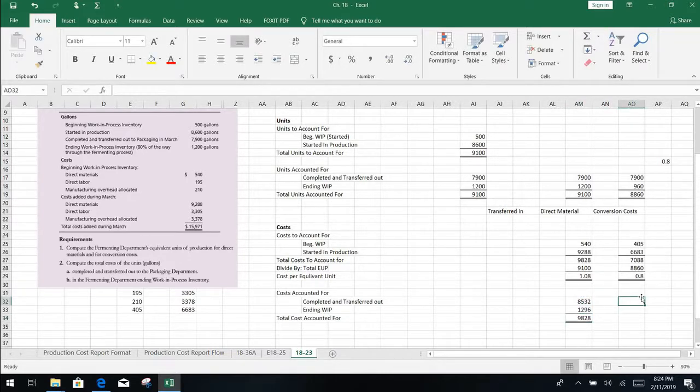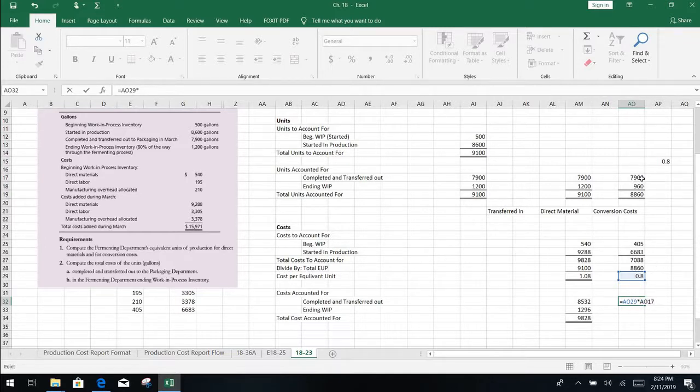We have to do the same thing for this column, so equals completed and transferred out, our value 80 cents times how many do we have completed and transferred out? Right here, 79 completed and transferred out.